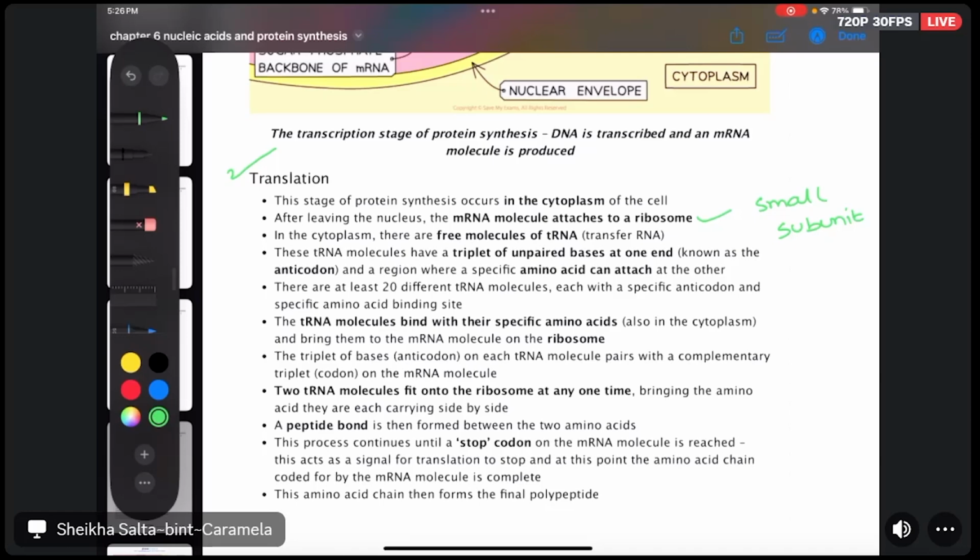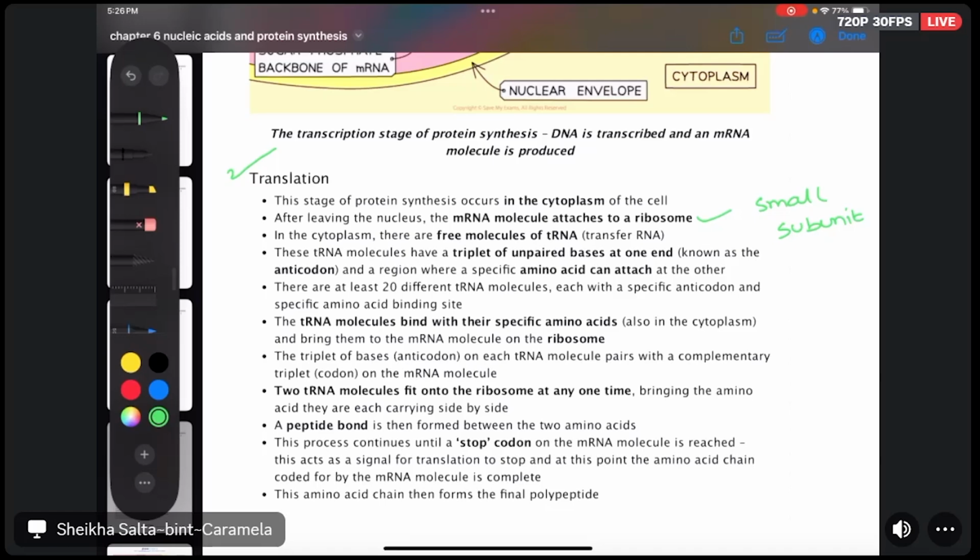Now the anticodons on each tRNA molecule pair with the complementary codons on the mRNA molecule on the ribosome. At each instance, only two tRNA molecules can fit onto the ribosome, bringing amino acids, and these are attached side by side.